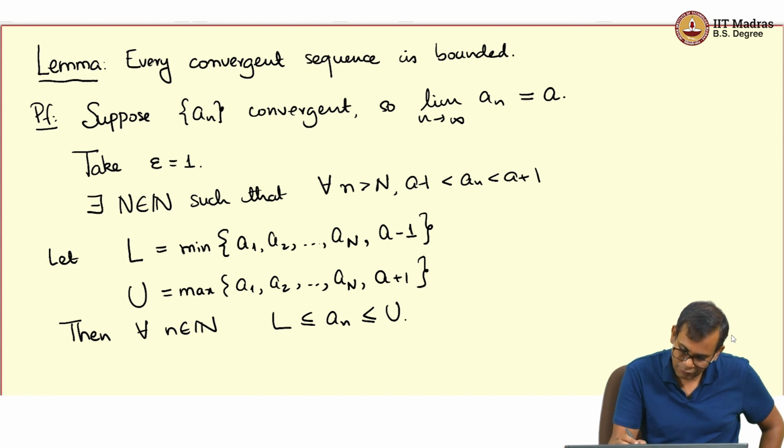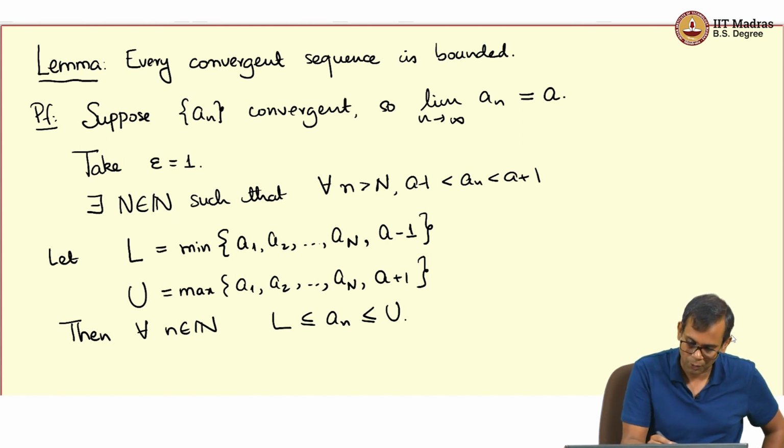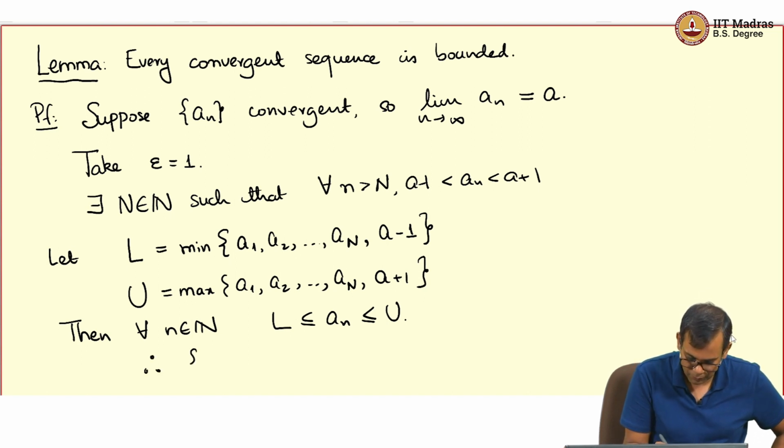And for the remaining terms, it comes from the property that if little n is greater than capital N, then a_n anyway lies between a plus 1 and a minus 1. And so what we have is that a_n is bounded.